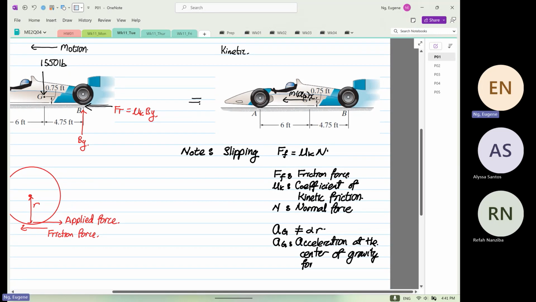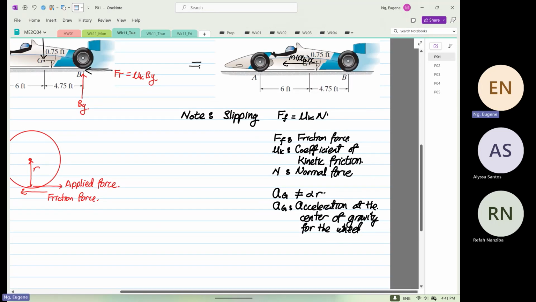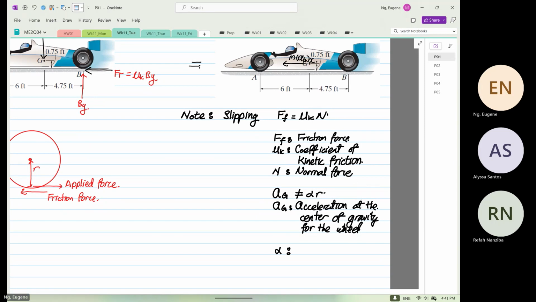Now we are focusing on the wheel. Alpha is the angular acceleration.